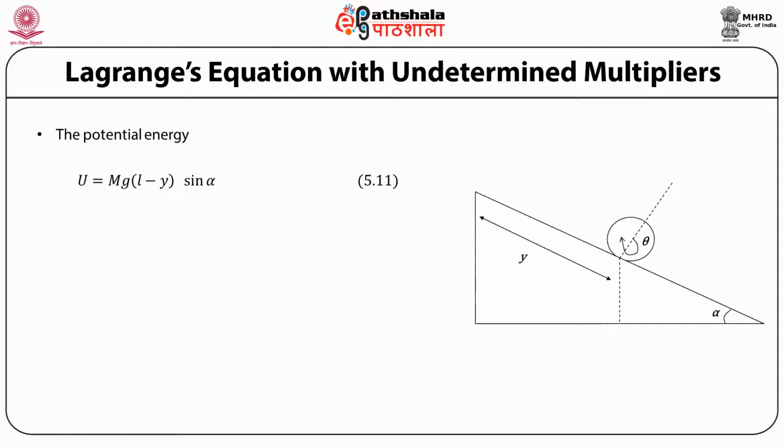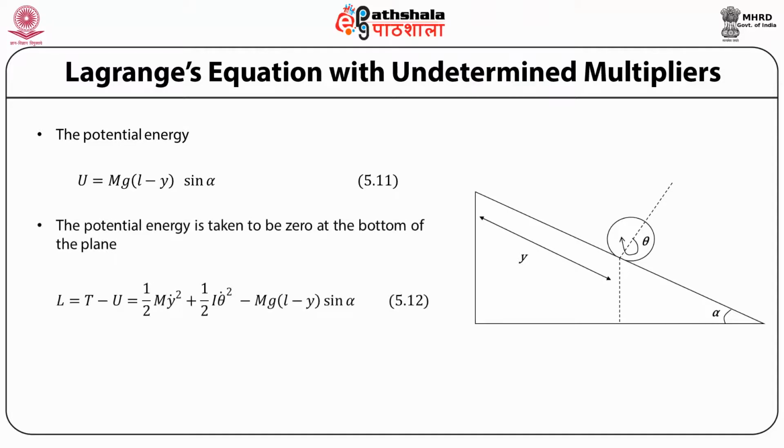Now the rotating disk is under the gravitational force, which is given by the potential energy U. The potential energy U is equal to m g (L minus y) sine alpha, where L is the length of the inclined plane and (L minus y) sine alpha is the vertical distance as shown in the diagram. The potential energy is taken to be 0 at the bottom of the plane. The Lagrangian is then defined as the difference between the kinetic and the potential energy.